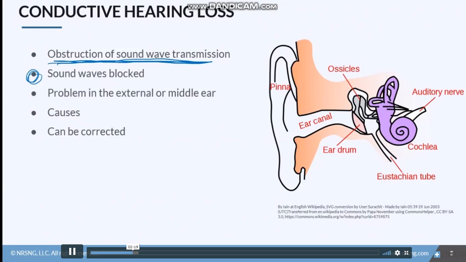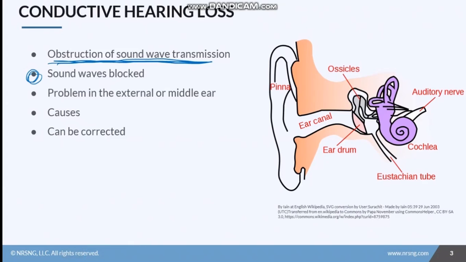It can also be caused by eardrum changes, so bulging, retractions, or perforations in the eardrum. These may indicate damage to the middle ear structures, which can lead to conductive hearing loss. Infection in the external or middle ear could also contribute to this type of hearing loss as well.